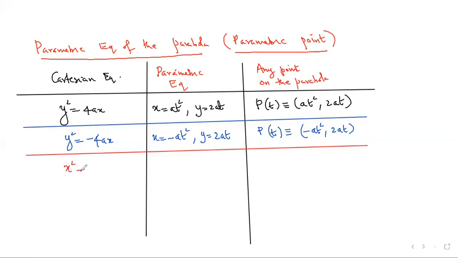Then x square equal to 4ay. X coordinate will be 2at and y coordinate will be at square. So coordinate of any point will be 2at comma at square.